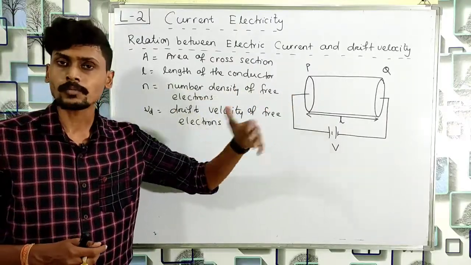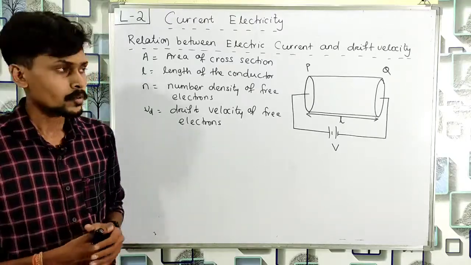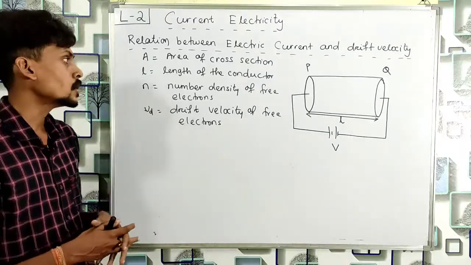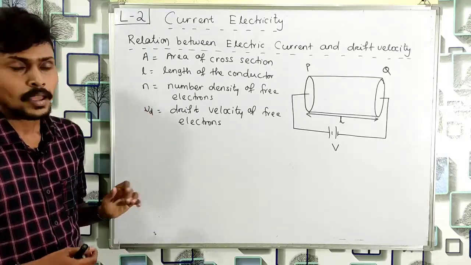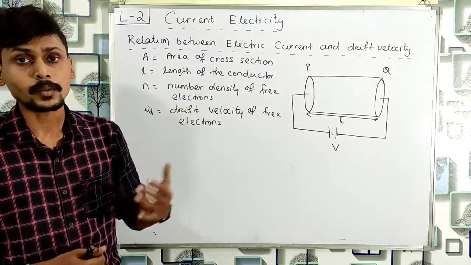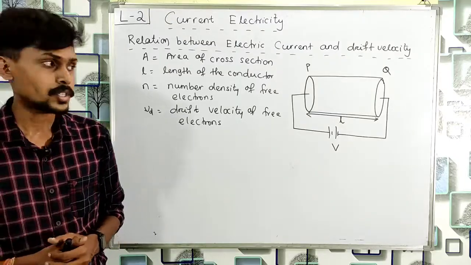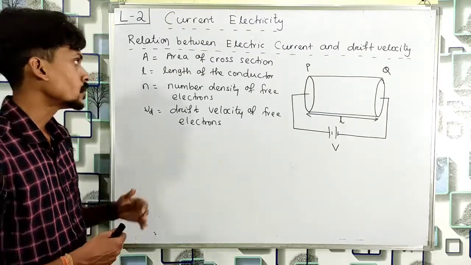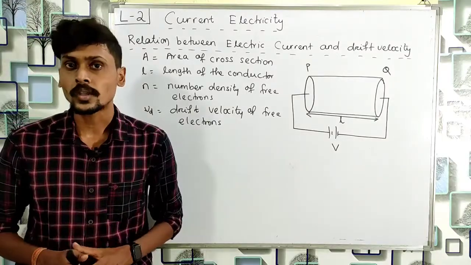This conductor is made from some material, maybe copper, maybe aluminum. For the material of the conductor, the number density of free electrons is small n. And due to this potential difference or the electric field set up inside the conductor, the drift velocity acquired by the electrons is Vd.